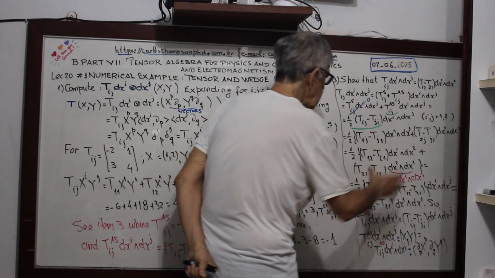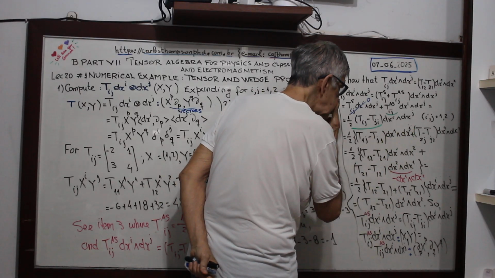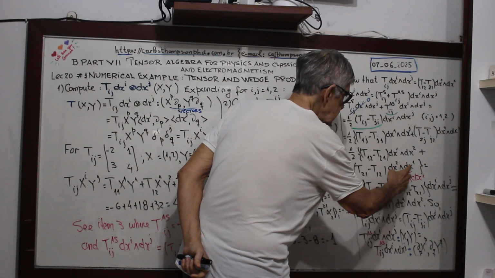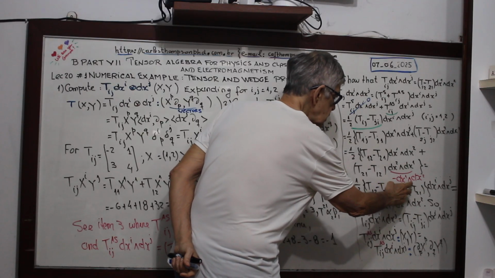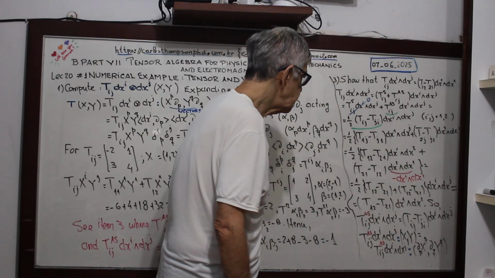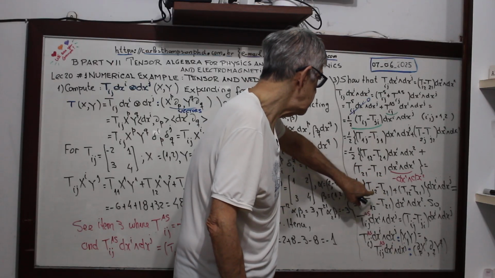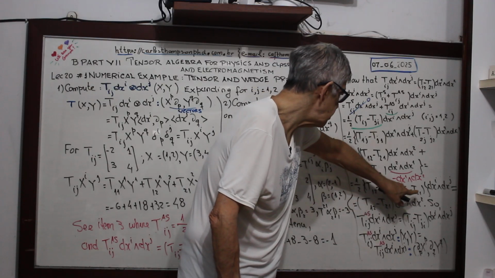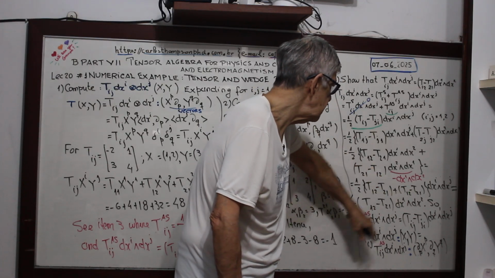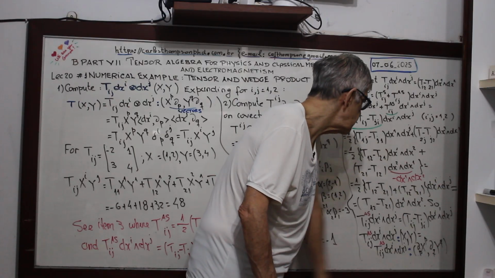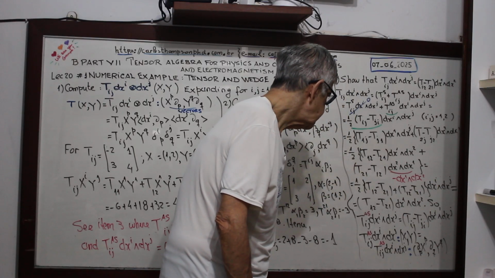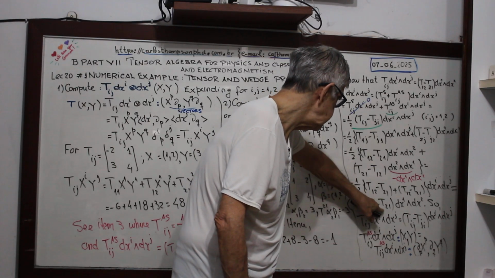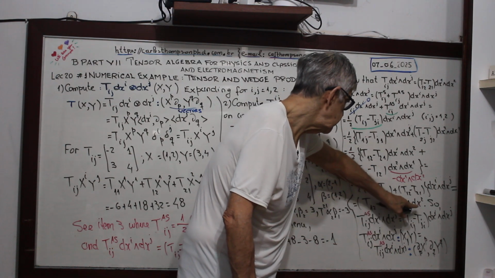I repeat here the antisymmetric property: dx^2 wedge dx^1 is minus dx^1 wedge dx^2. If I plug this in, I get just 1/2 of this term, so in this case it is (T12 minus T21) dx^1 wedge dx^2.